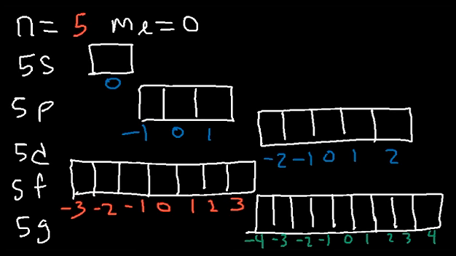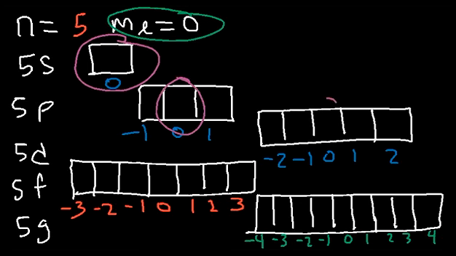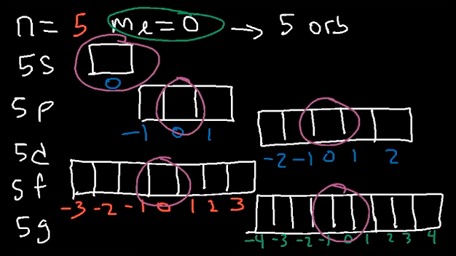Now we need to identify every orbital that has a 0 value for ml. So this is 1, 2, 3, 4, 5. So there's 5 orbitals with these 2 quantum numbers. And each of those orbitals can hold up to 2 electrons. So there's a total of 10 electrons with the quantum numbers n equals 5 and ml equals 0.